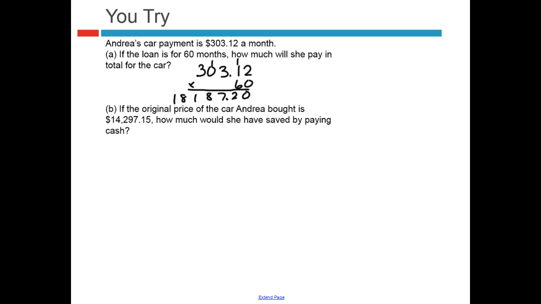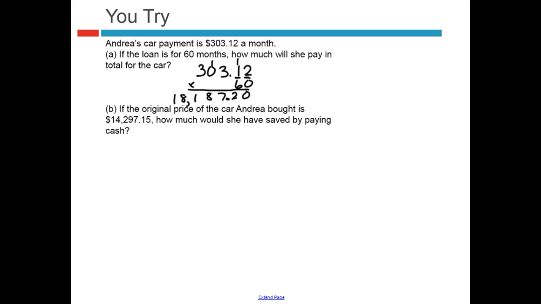I need to have 2 decimal places because I have 2 decimal places in $303.12. So it looks like what she spent in total on the loan is $18,187.20.